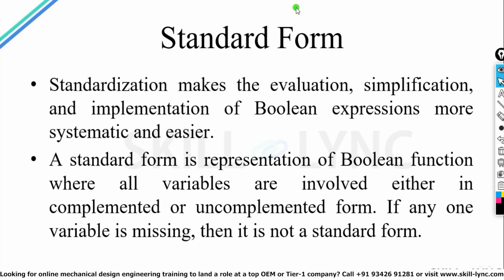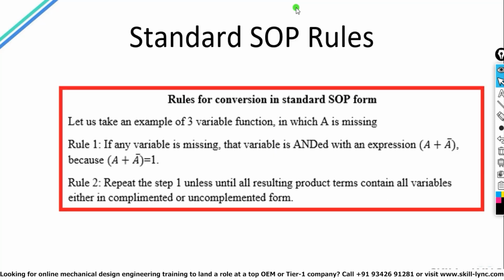If any variable is missing, it is a non-standard form. So all min terms or max terms should contain all the variables in any form. Then it is known as the standard form.